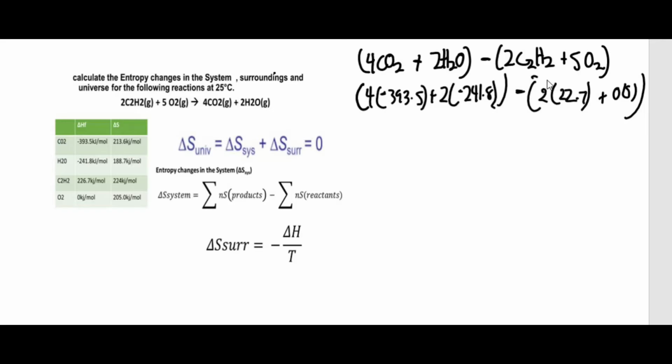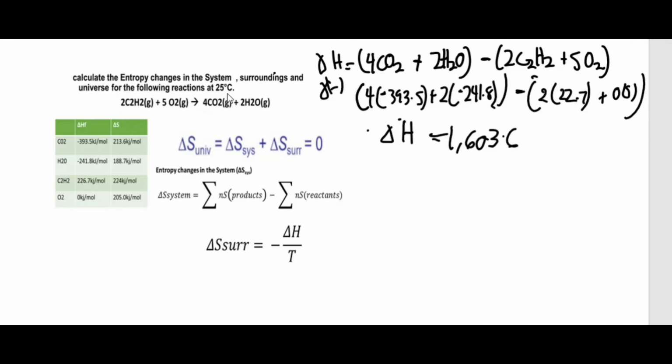So the total would be H is equal to negative 1603.6.